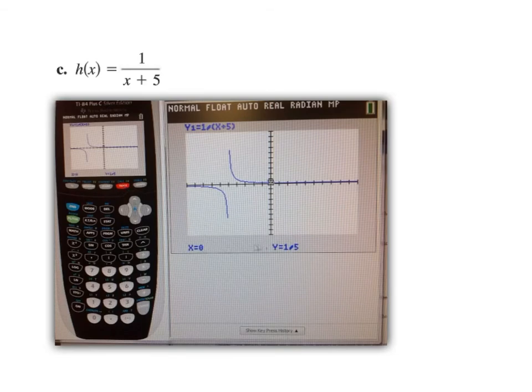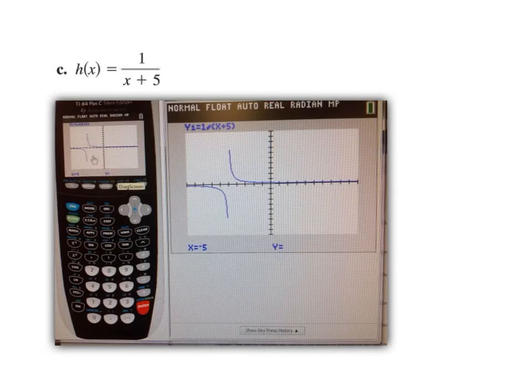So I do have a point at 0 and 1/5. What about at negative 3? I've got a point. Let's keep going over. I've still got a point. It looks like it might be breaking at -5. So what happens when I put in -5? Nothing. This cannot be included in your domain.